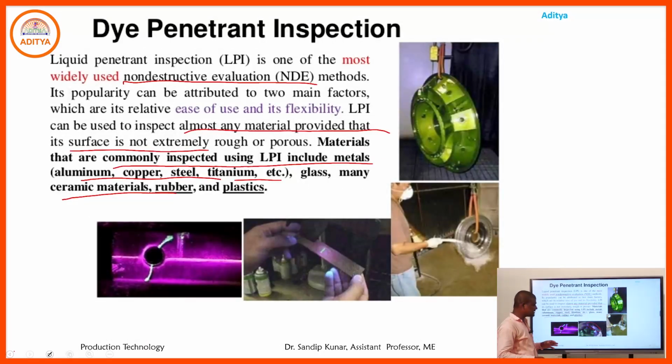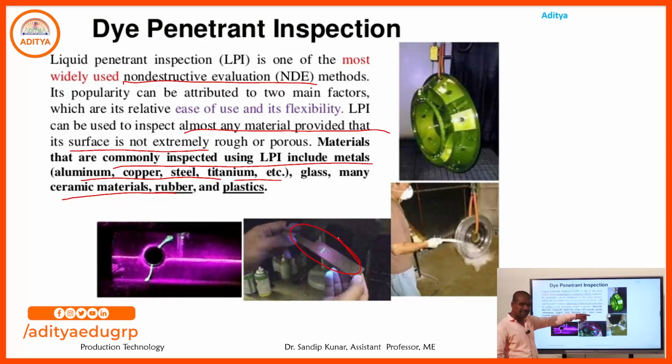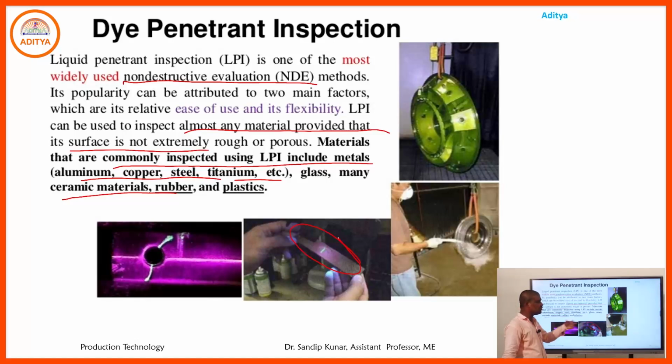Then we clean the surface again, but in some particular defective areas the dye will remain. On that basis we can decide that the particular area is defective in that weld joint, and after that we take initiative for remedies of those weld defects.